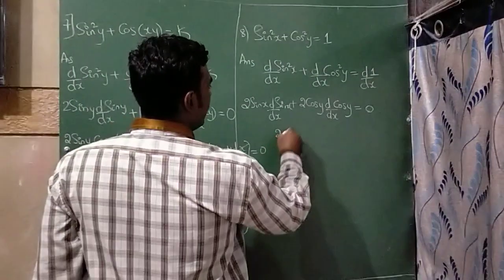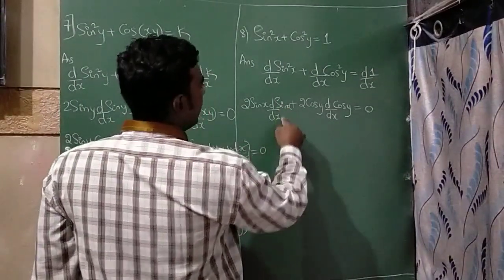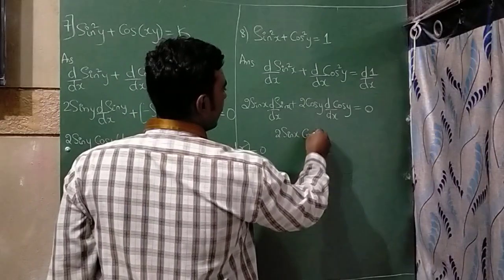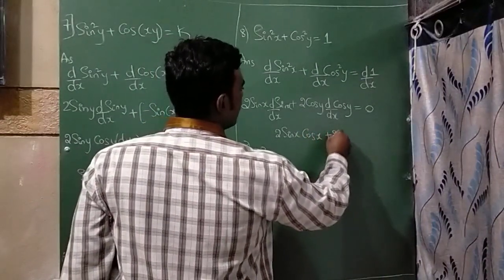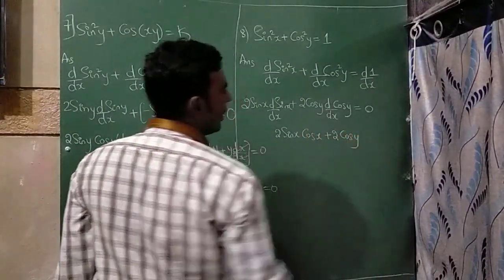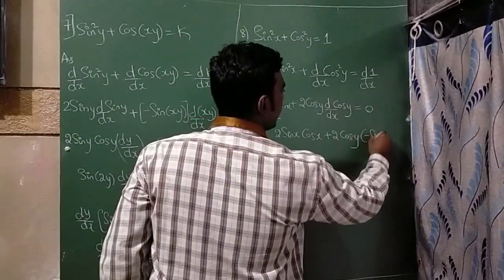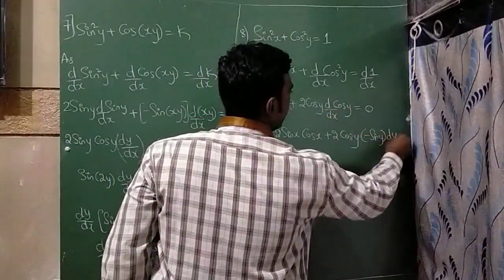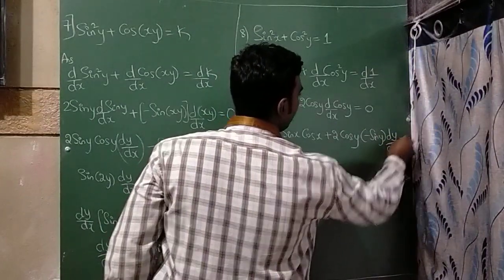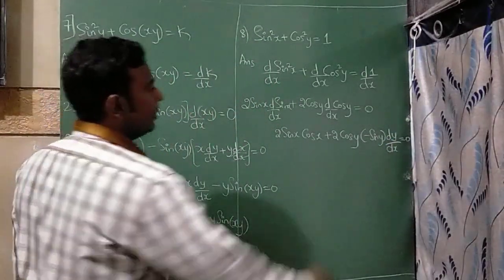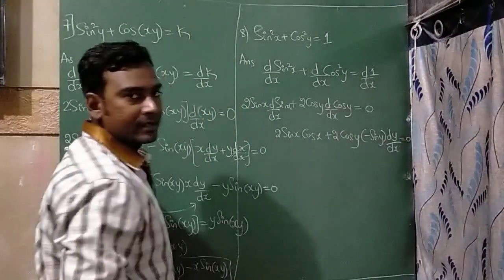Okay, so here 2 sin x, d by dx of sin x is cos x plus 2 cos y, d by dx of cos is minus sin y dy by dx is equal to 0. Now take this entire term on the right hand side.